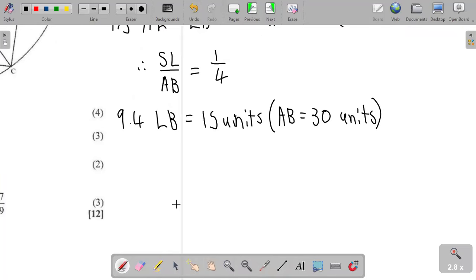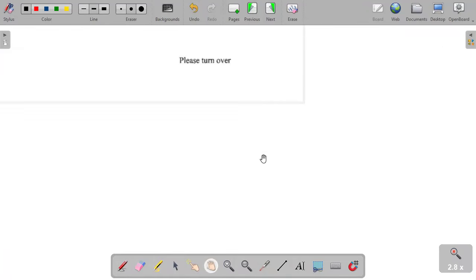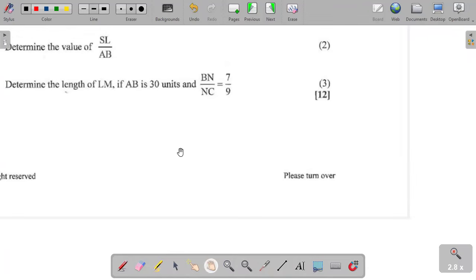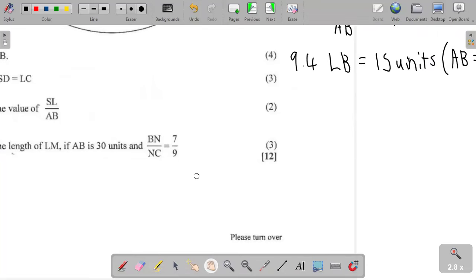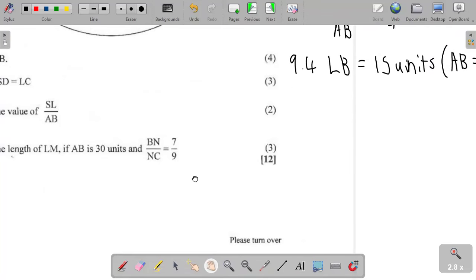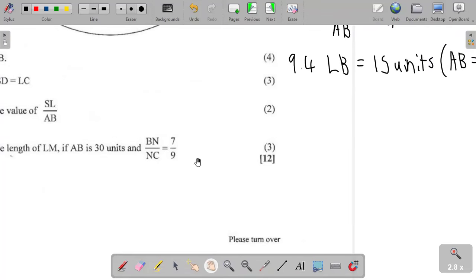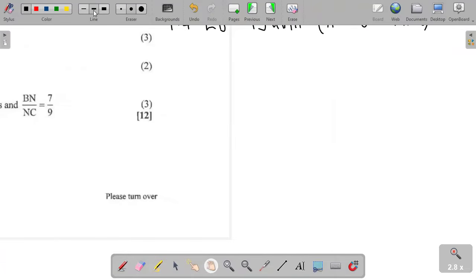And then after that, what they told us also is that BN over NC equals 7 over 9. So what this means is that we can use the proportionality theorem.